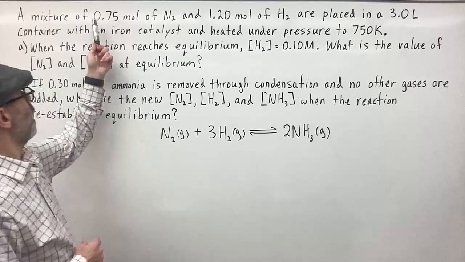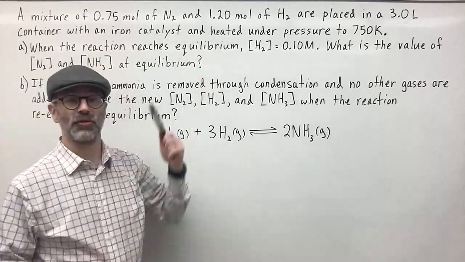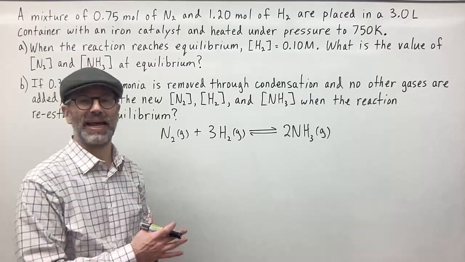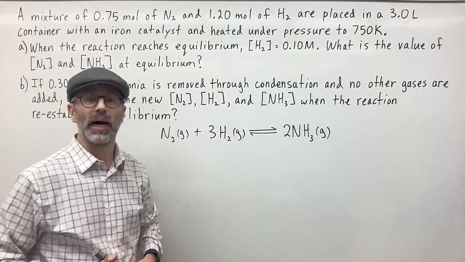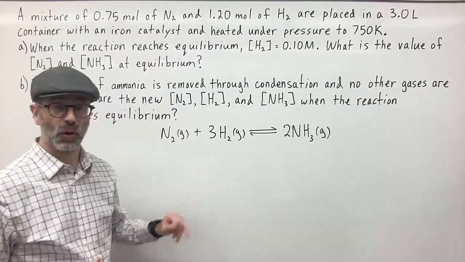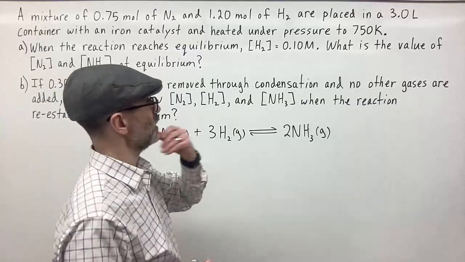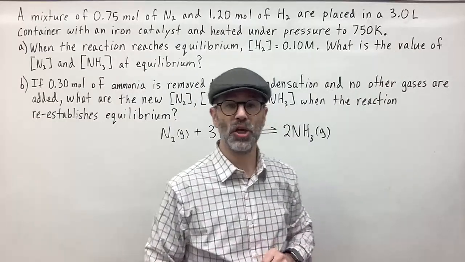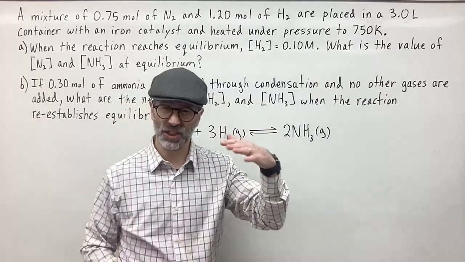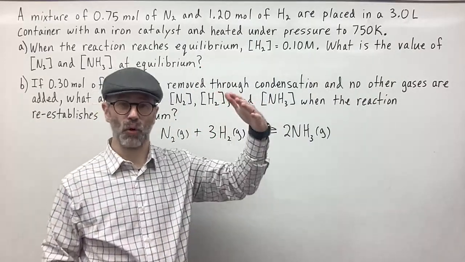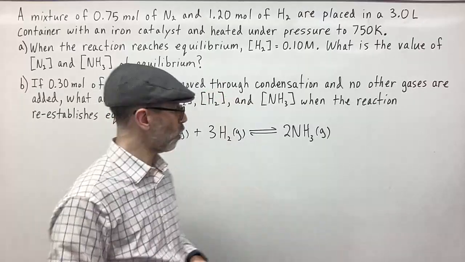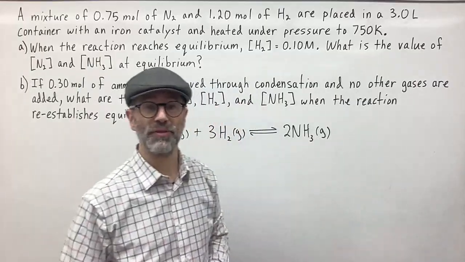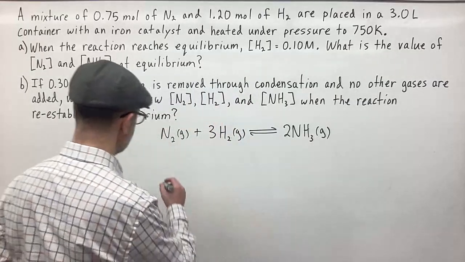So here we need to convert these to concentrations because you can't use moles in an equilibrium table or ice table, which is what we're going to use. So it's pretty simple. That's why they gave us the 3.0 liters. So remember, concentration is molarity, and that's moles divided by liters. So all we need to do is take the moles divided by the liters, and we've got our answer. So let's go ahead and do that.